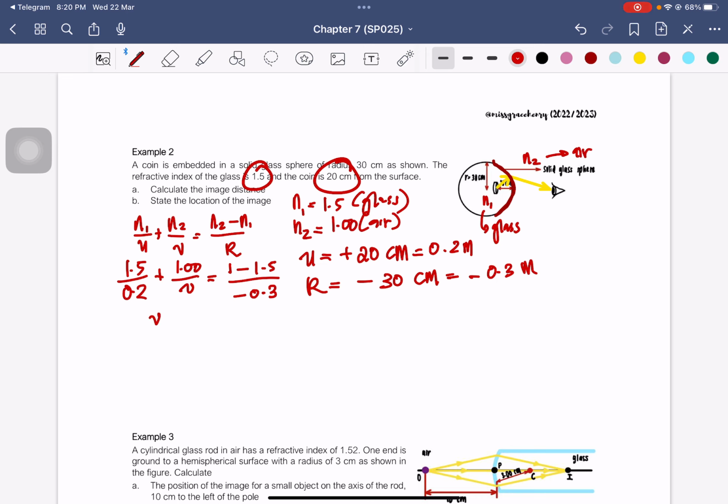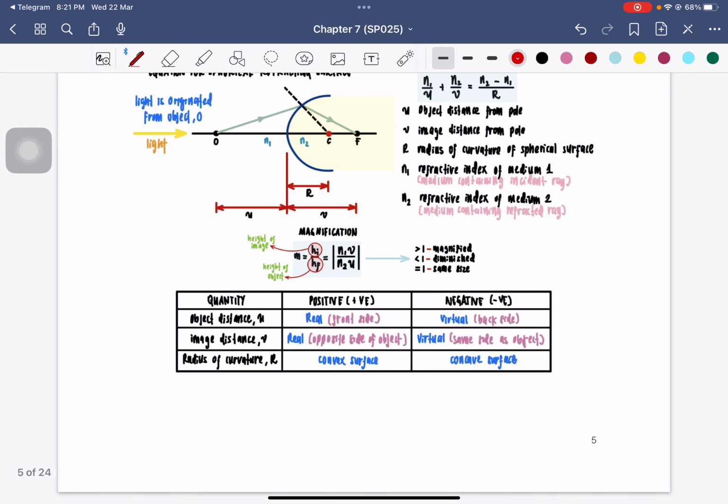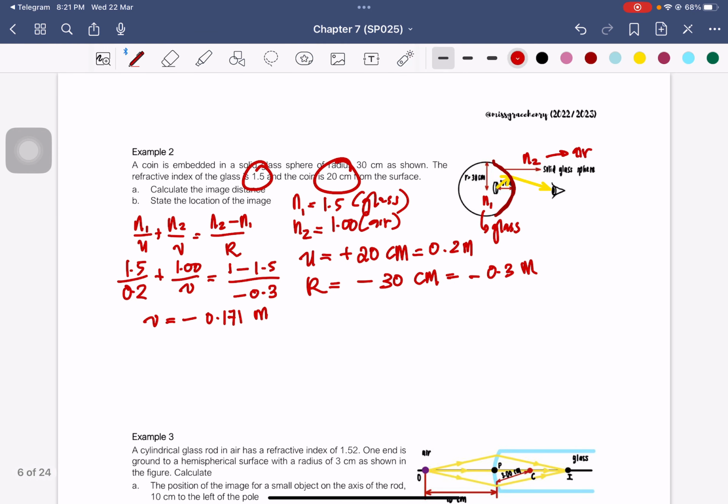So the image distance will be equal to negative 0.171 meter. Okay, so that is the object distance. The image distance. So if the image is negative, it is telling us that the image is virtual. Right.